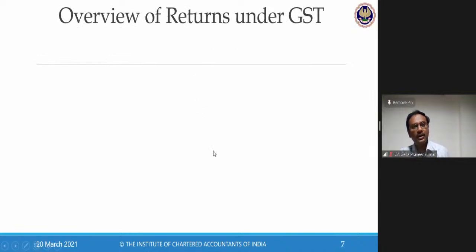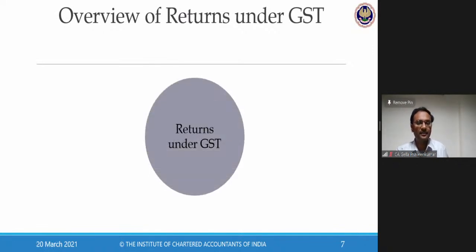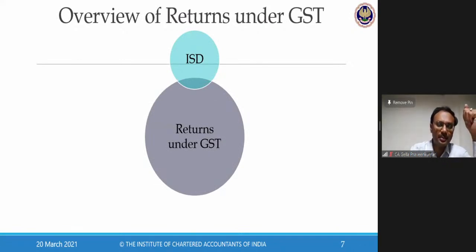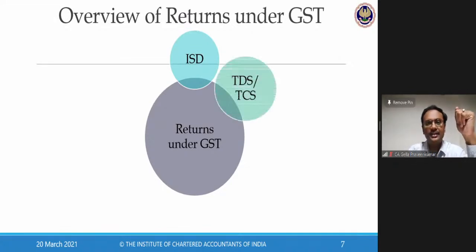Next aspect is the overview of returns. We will see what all returns there are under GST law. When I say returns under GST law, first is the input service distributor. There is a return to be filed under Rule 65 by the input service distributor. Next is the return to be filed by TDS or TCS.